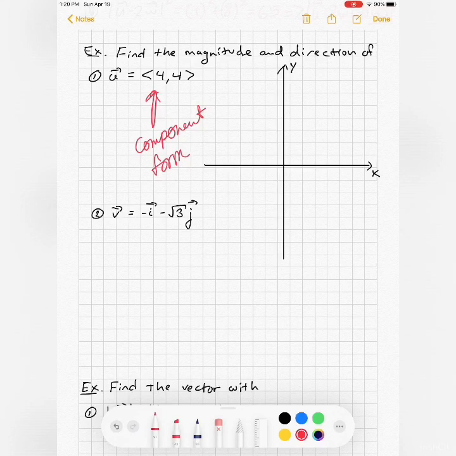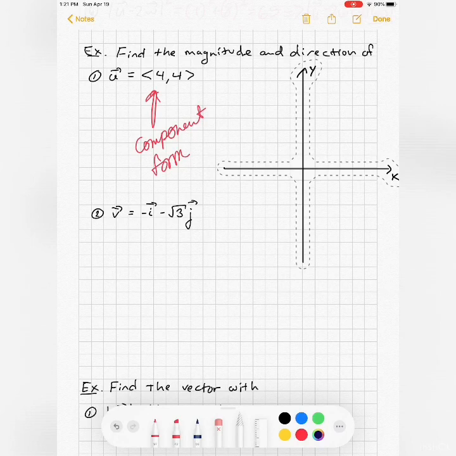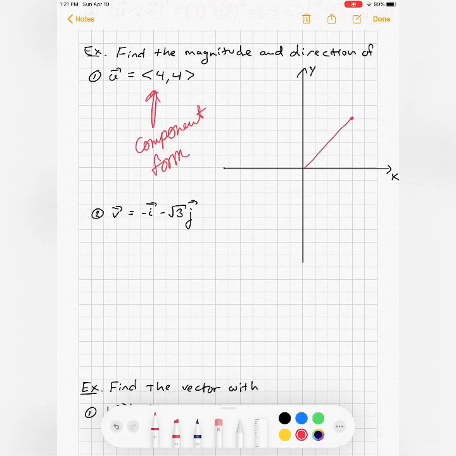So if I was to graph u, let's see where that would go. That would be right 4 and up 4. That'd be u. Okay, so the magnitude, I mean, I just did that, right? It'd be 4, 4.